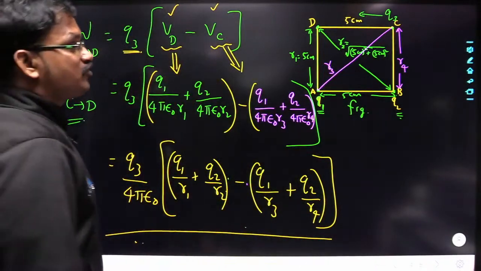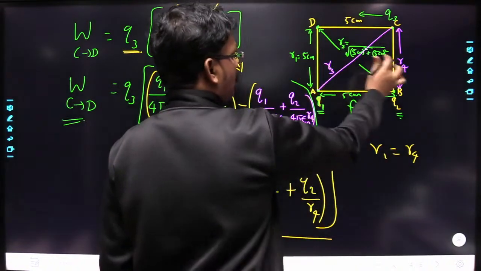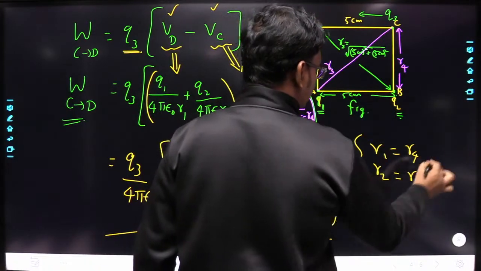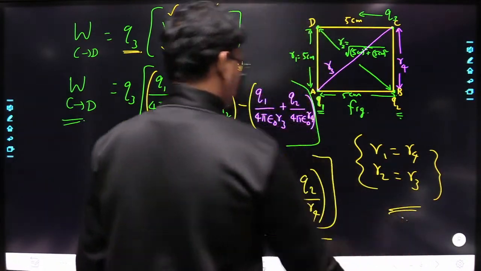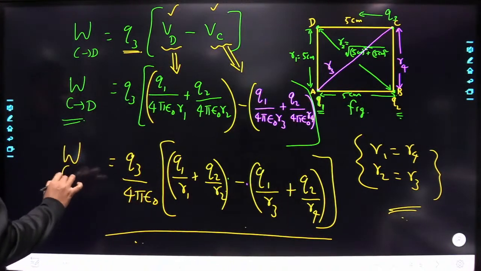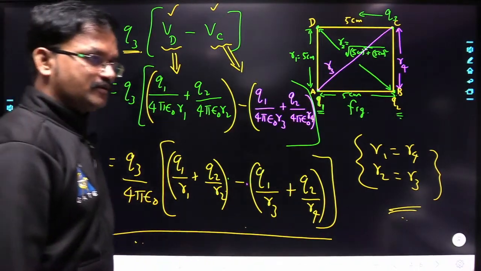And if you observe, R1 is same as R4, and R2 is same as R3. Understood? So just substitute all this here, then you will get the work done from C to D.